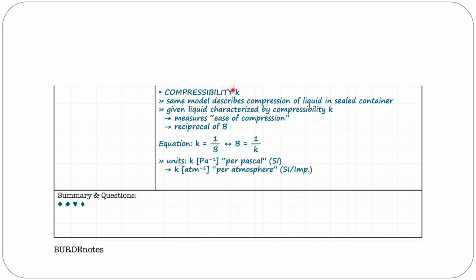So the compressibility of a fluid is just the reciprocal of the bulk modulus. If you know the compressibility, you can find the bulk modulus and use the equations we just discussed to find the change in pressure or change in volume of that liquid. Bulk modulus has units of pascals, so the reciprocal of that is a 1 over Pascal or a per Pascal or a per atmosphere in the SI or imperial system.